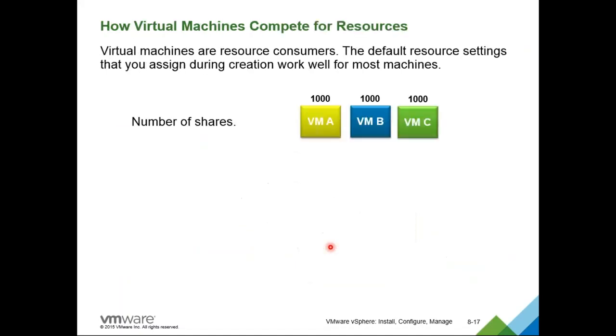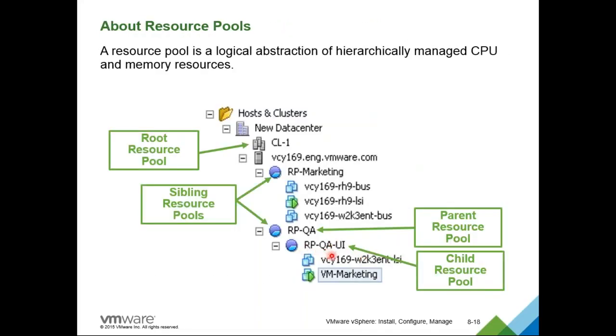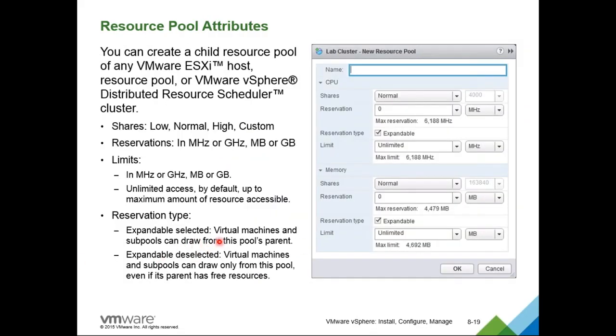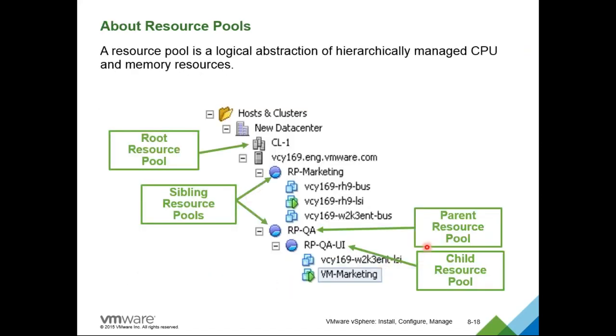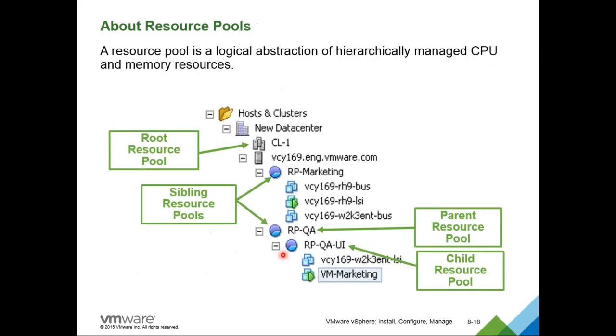If your child resource pool wanted to utilize more, it has exceeded and wants to access more resource, and you have chosen the expandable selected option, then you can use the parent resource pool resource. Whereas if you deselect this option, your child resource pool won't utilize your parent resource pool.